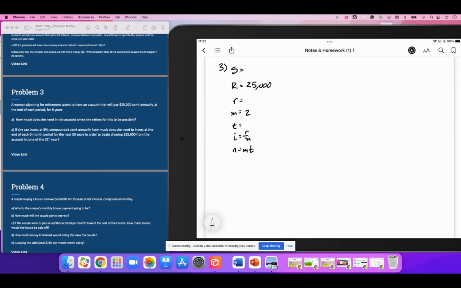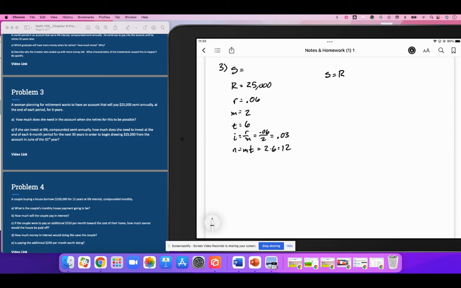And so we're going to assume that the rate is the same for the retirement years as it is for the time that she's investing. And she wants that to happen for 6 years. So R over M is 0.06 over 2, which is going to be 0.03. And then MT is going to be 2 times 6, which is going to give us 12. And so present value of ordinary annuity is what this is going to be.